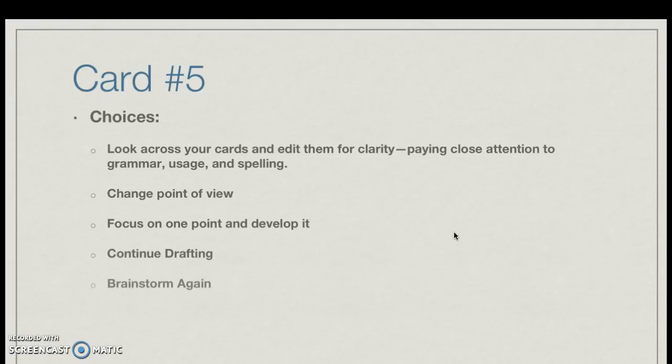Or brainstorm again. Or start over with a new topic. I want you to pause me for 3 more minutes. If you are choosing to edit for clarity, I want you to pick up that different colored pencil or different colored pen that you brought and use that to edit. So pause me for 3 minutes.